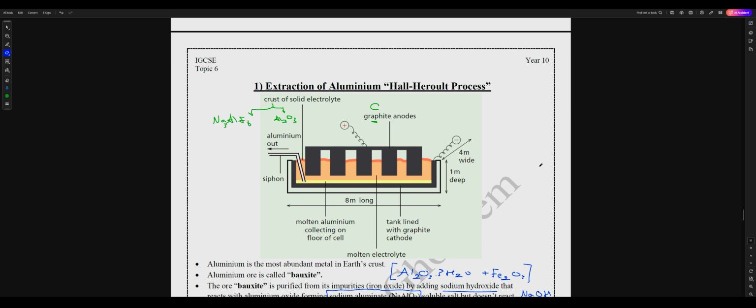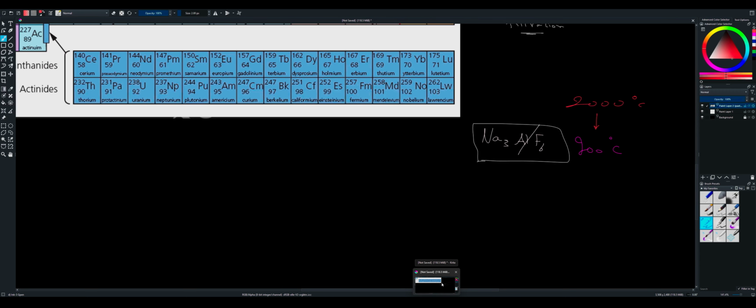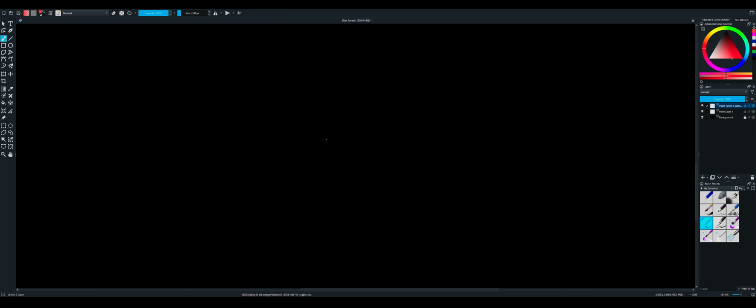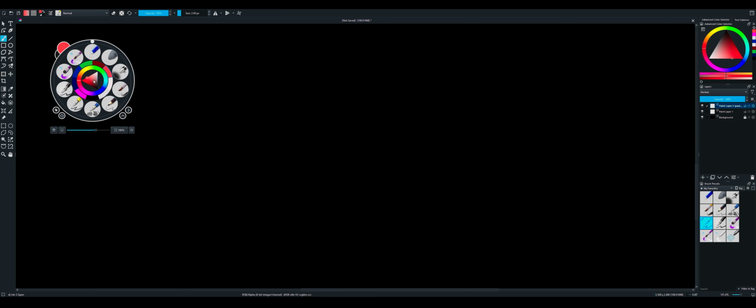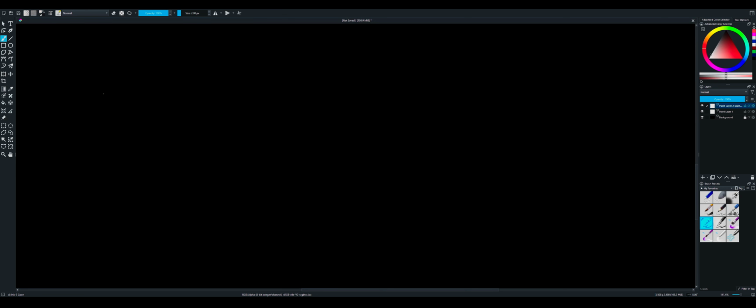Okay, now let's get to our half ionic equations, because this is electrolysis, this is electrochemistry, and we can't live without half ionic equations. Let me just go ahead and erase the stuff real quick. All right, so we've agreed that we have an anode.